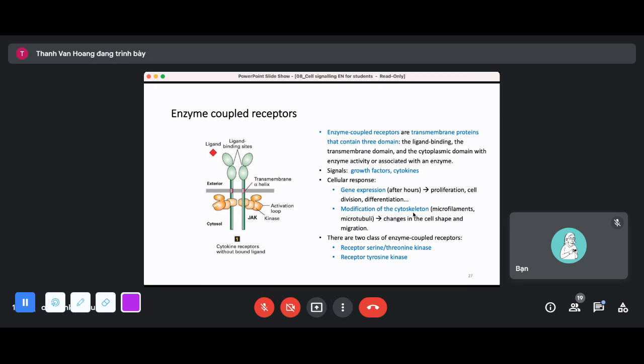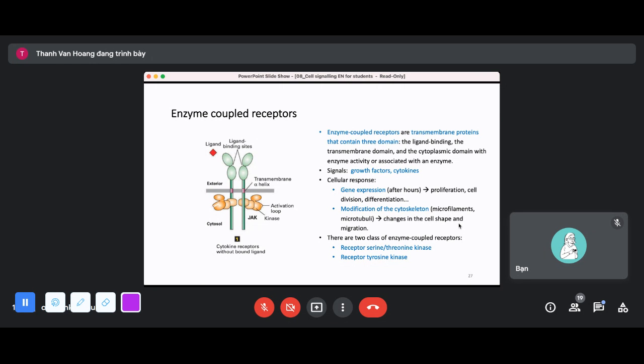The cytoskeleton was modified, in which the microfilaments and microtubules were changed. So there is a change in their shape and also in their migration ability.